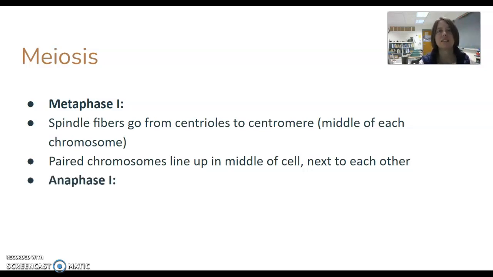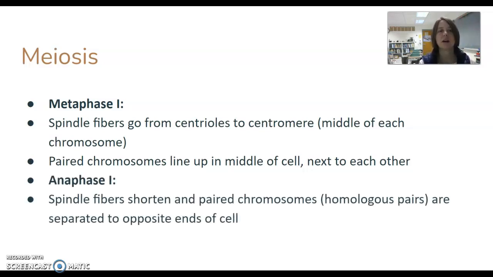Then after that is anaphase 1, where the spindle fibers shorten and pull the chromosomes apart. In this one, the paired homologous pairs split apart. The sister chromatids, the replicated chromosomes, don't split apart yet. So in anaphase 1, the homologous pairs are separated to opposite ends of the cell. Like I said, those sister chromatids stay together.